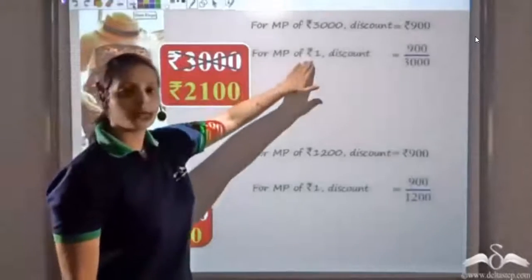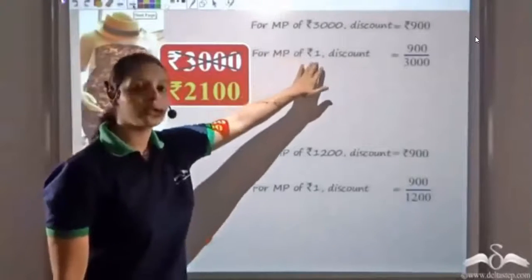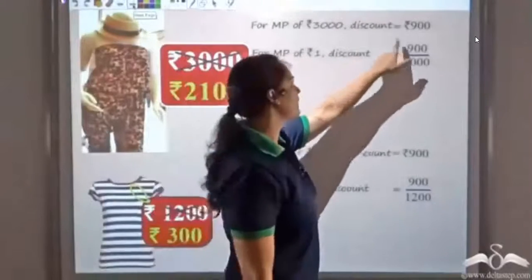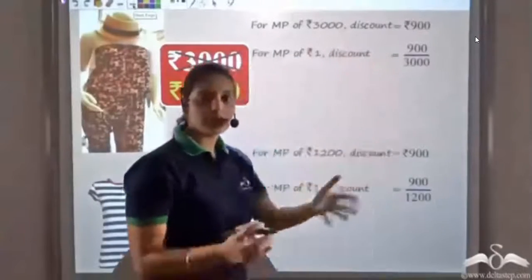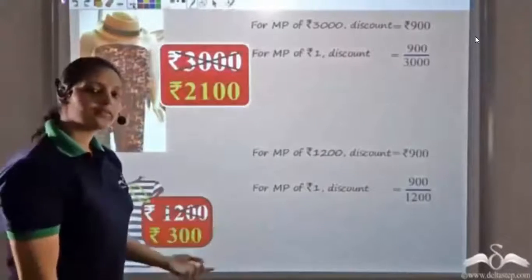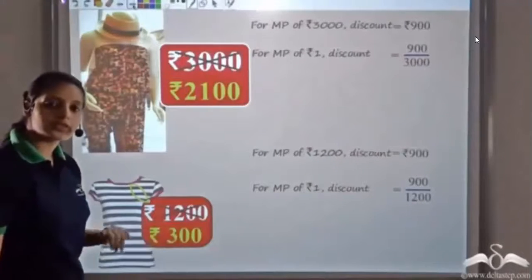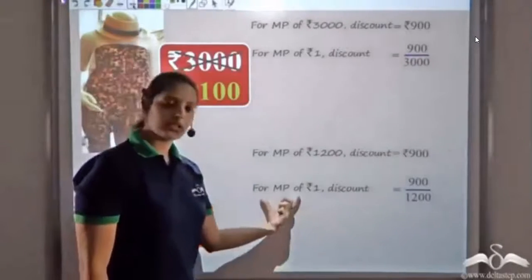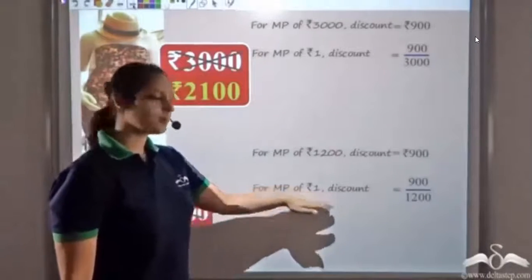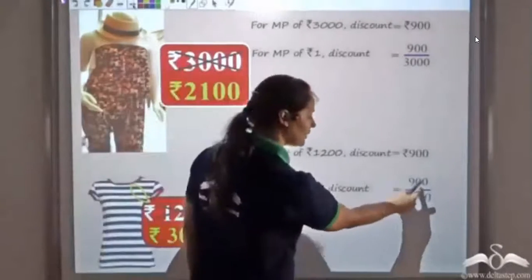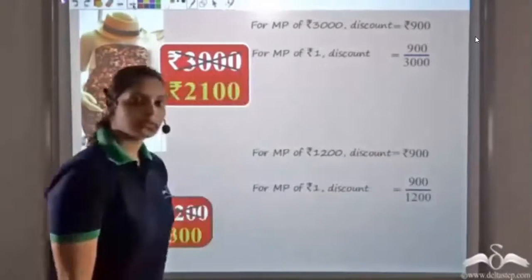So for a marked price of 1 rupee, the discount would be 900 divided by 3,000 by the unitary method. Similarly, for this t-shirt, the marked price of 1 rupee would give a discount of 900 divided by 1,200.